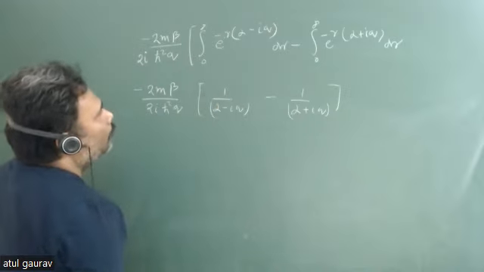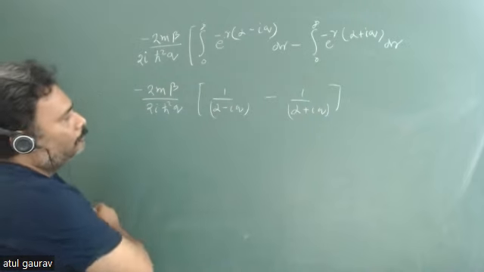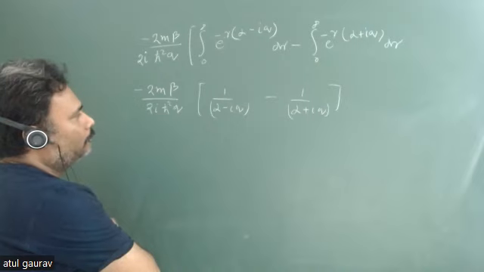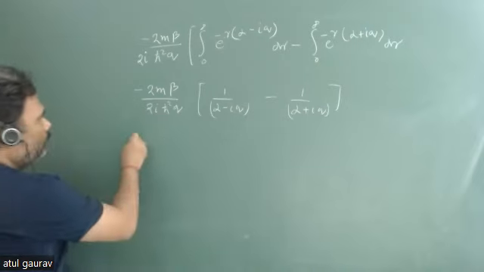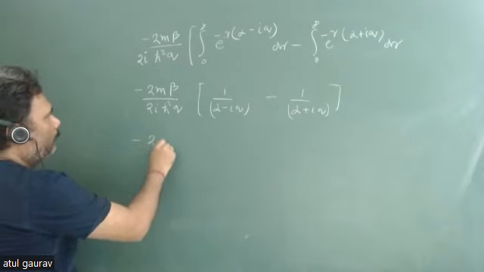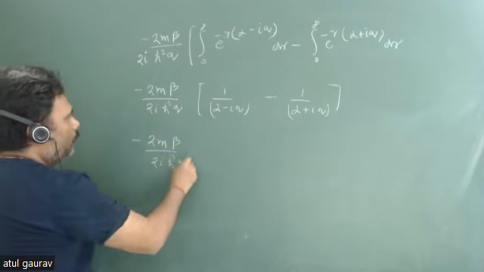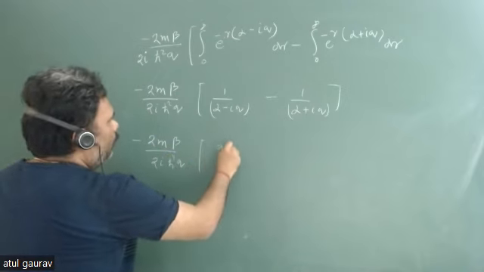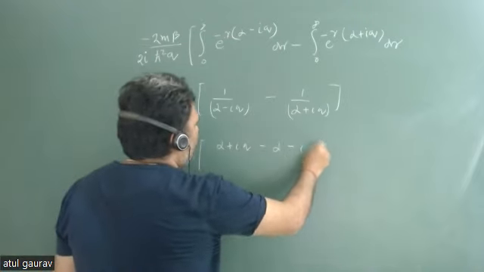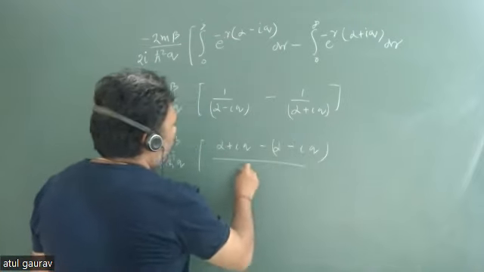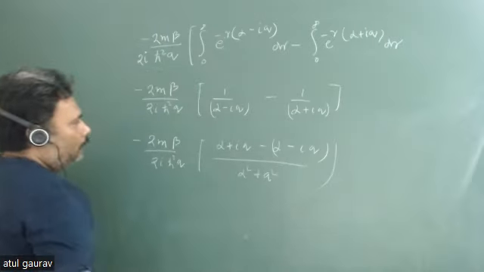Okay. So what will be this value? 2mβ upon 2i ħ² q. So here (α + iq) minus (α − iq) by α² + q². So what will happen?